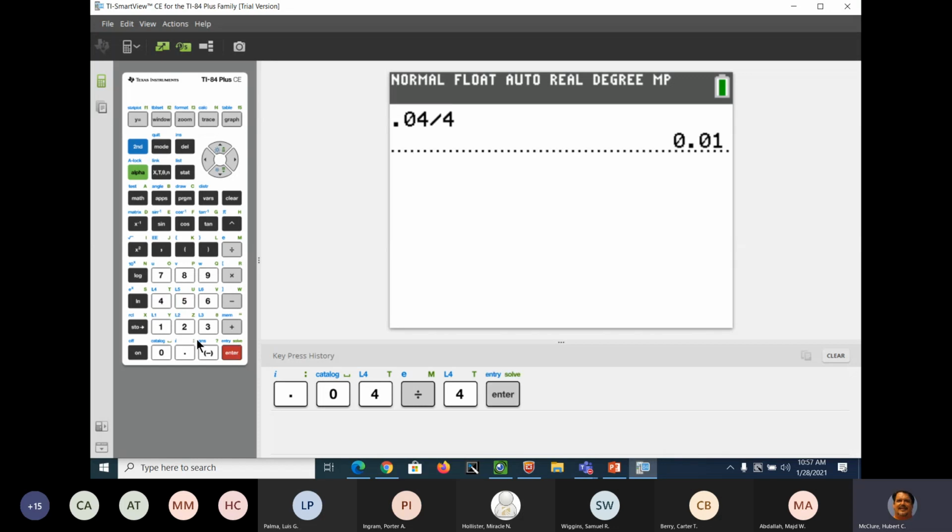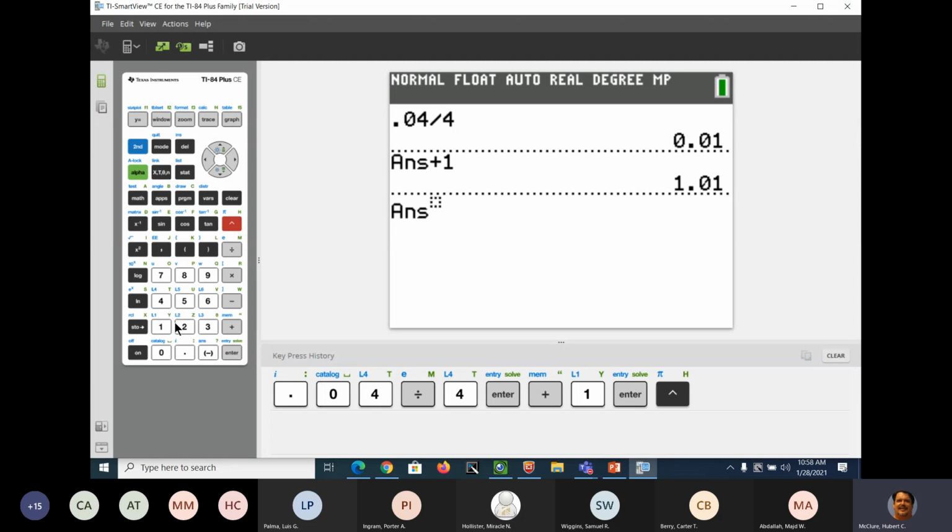Okay, that's 0.01. We're going to add 1 to that, and that's inside the parentheses. And then we're going to raise that to 36, caret symbol right here. Caret symbol looks like an upside down V. 36, enter, and multiply that by 6,000.